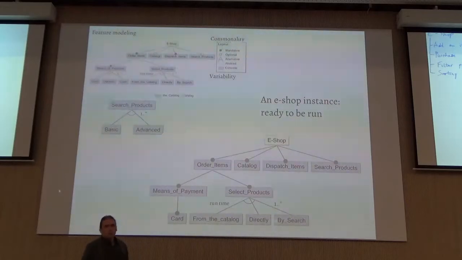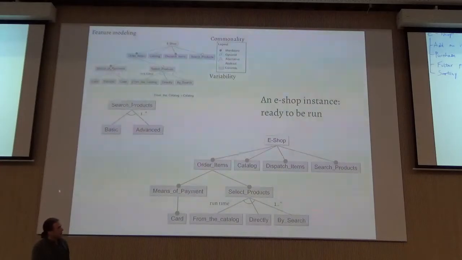That's one perception of feature models. So, including these so-called binding times. Binding times depend on your realization domain. This is application domain, but the binding times depend on your realization domain.